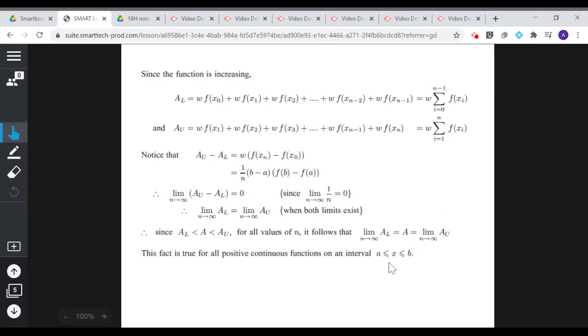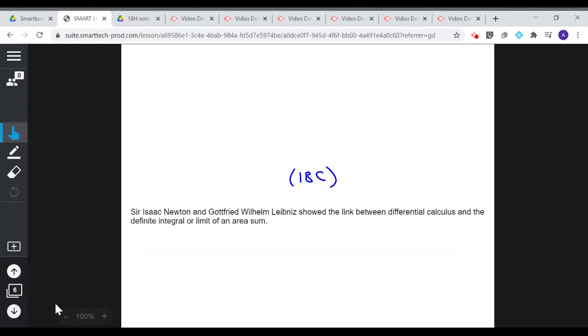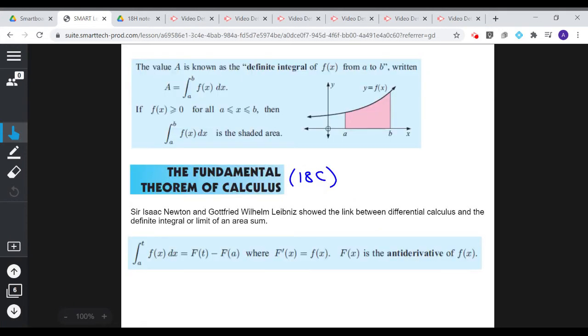And we're going to find an area under the curve that falls between a and b. Then that area is going to change and limit to a specific value is what I'm trying to say.